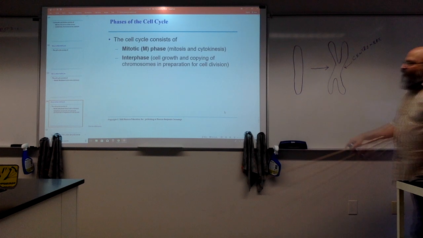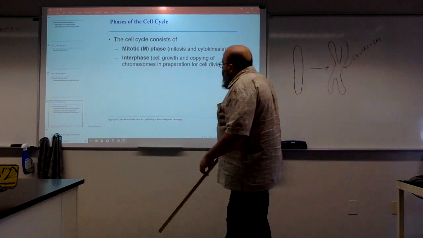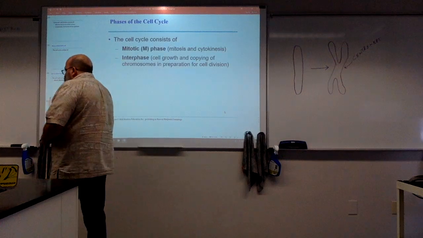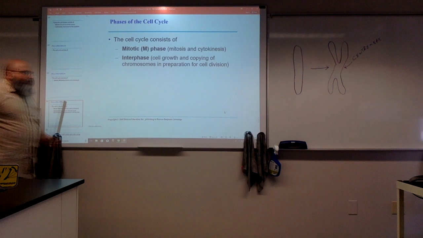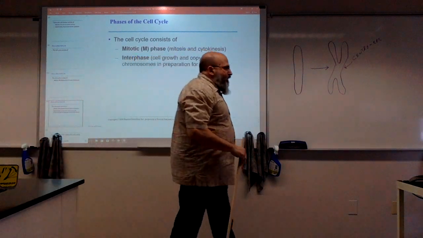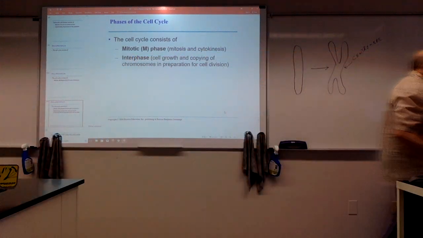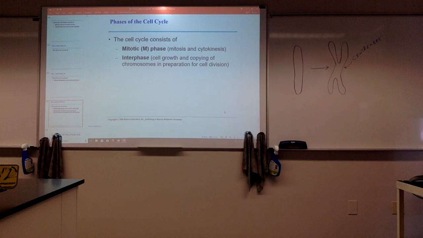And it consists of interphase, which is basically cell growth, DNA replication, and the cell getting ready to divide. Okay? The two main parts of the cell cycle. Mitosis and cytokinesis, the M phase, and interphase, cell growth, copying of chromosomes, so on.